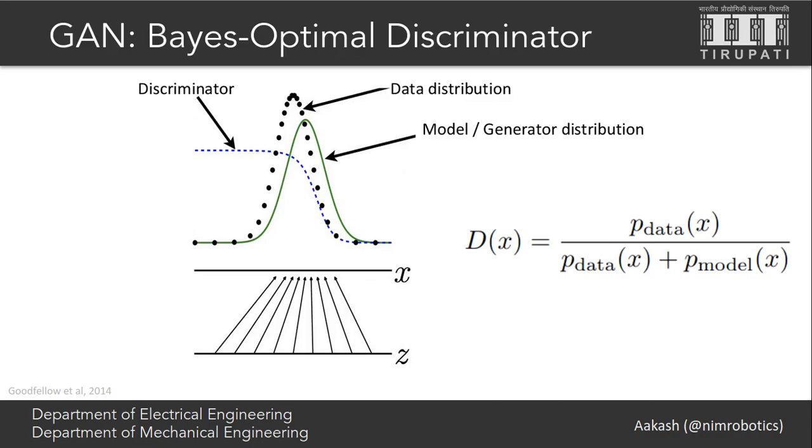The discriminator gives us an idea about the closeness of p model and p data. Suppose p model becomes the same as p data, then the discriminator D of x goes to half, that is 0.5. So this blue dotted line becomes a straight line at 0.5, and at that point the dotted data distribution coincides with the green model distribution. That is the optimal discriminator.